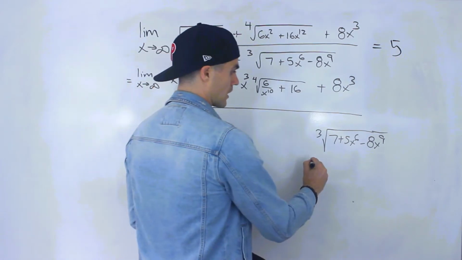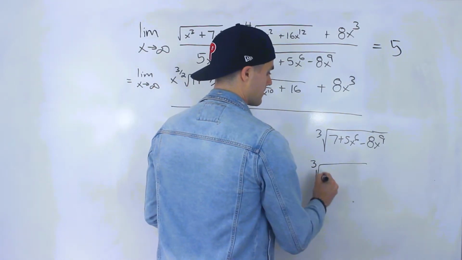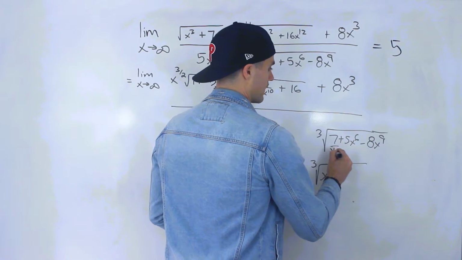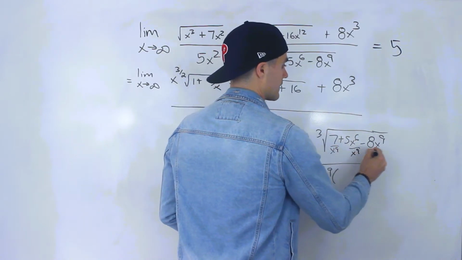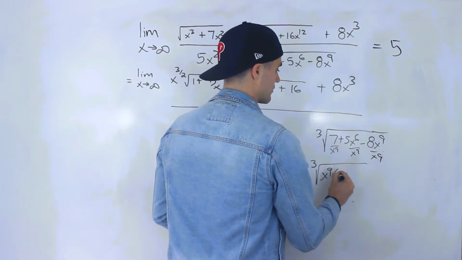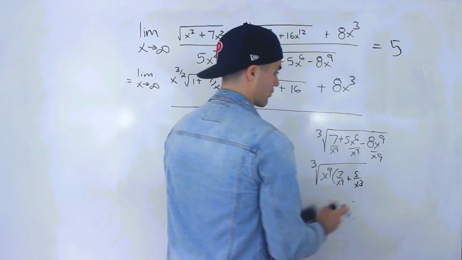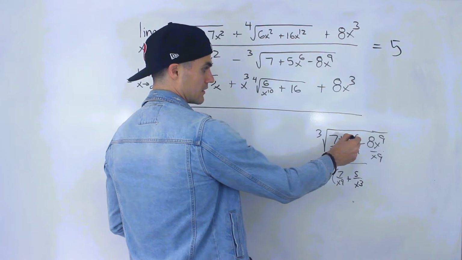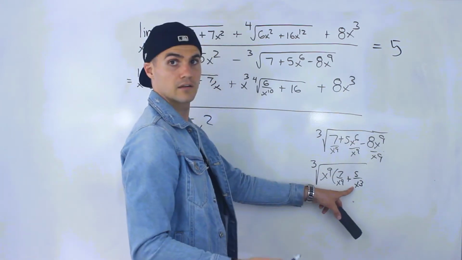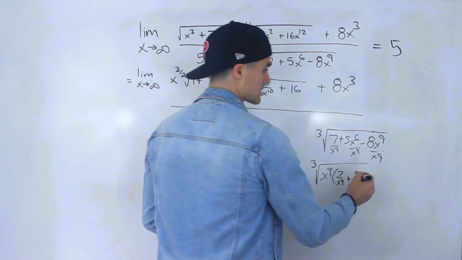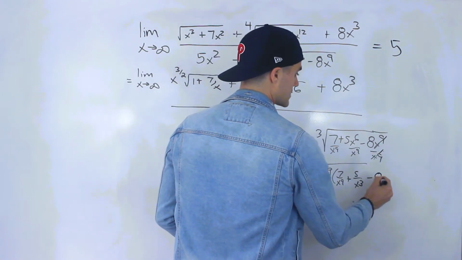So we would factor out x to the 9. We divide this by x to the 9, this by x to the 9, then this by x to the 9. So we'd have 7 over x to the 9 plus 5 over x to the 3, since x to the 6 over x to the 9 leaves x to the 3 at the bottom. These cancel out, minus 8.